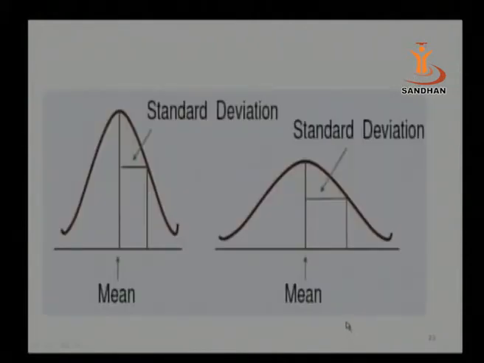Let us see this using this figure. Here the standard deviation is small, so the curve has more peakedness, and where sigma is quite large, the spread of the curve is high. It means your curve is becoming more and more flattened.